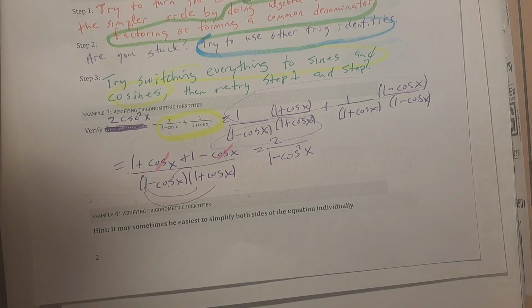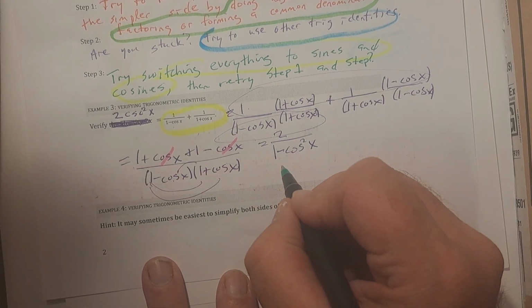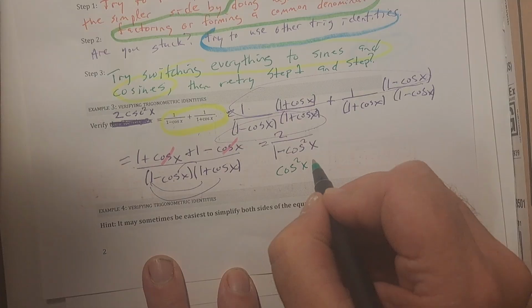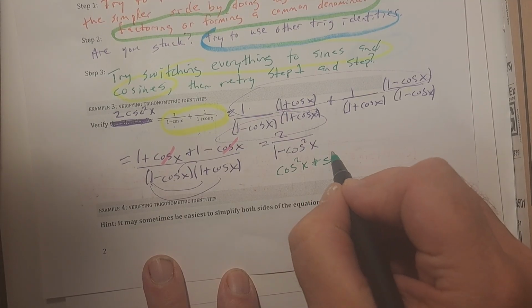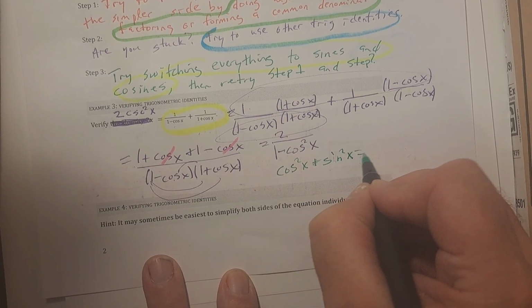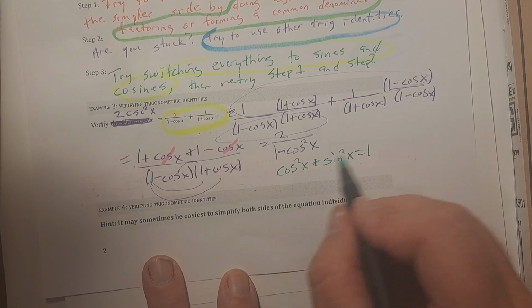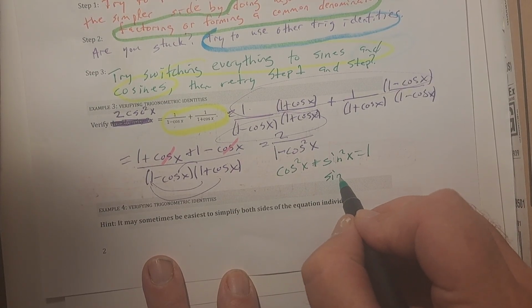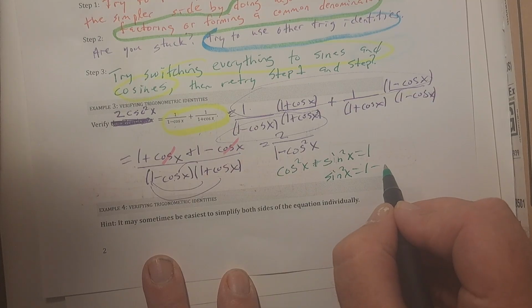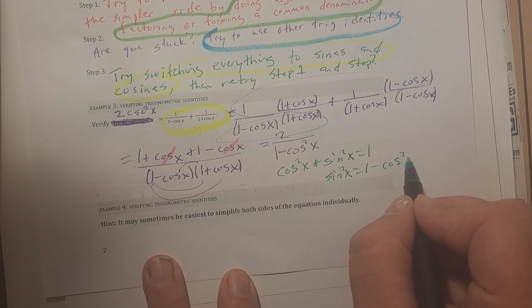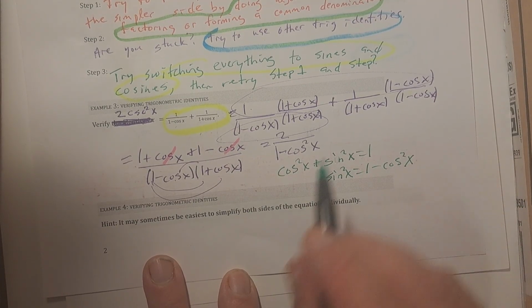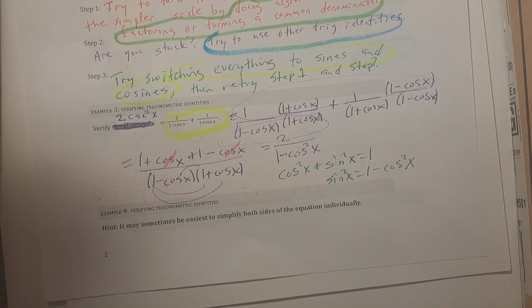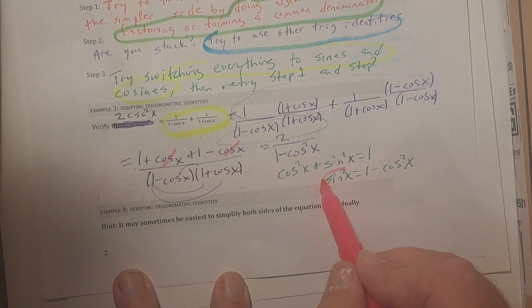We already know that cosine squared plus sine squared is 1. So if you move this to the right side, you'll get sine squared is 1 minus cosine squared. So I can replace the 1 minus cosine squared with sine squared.